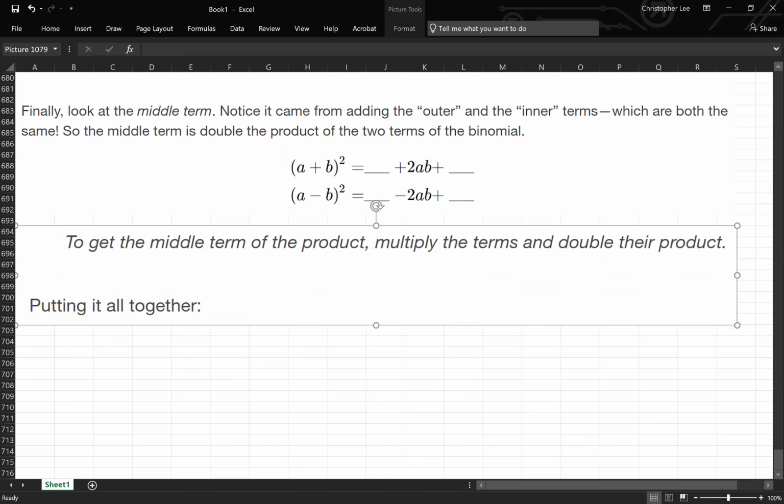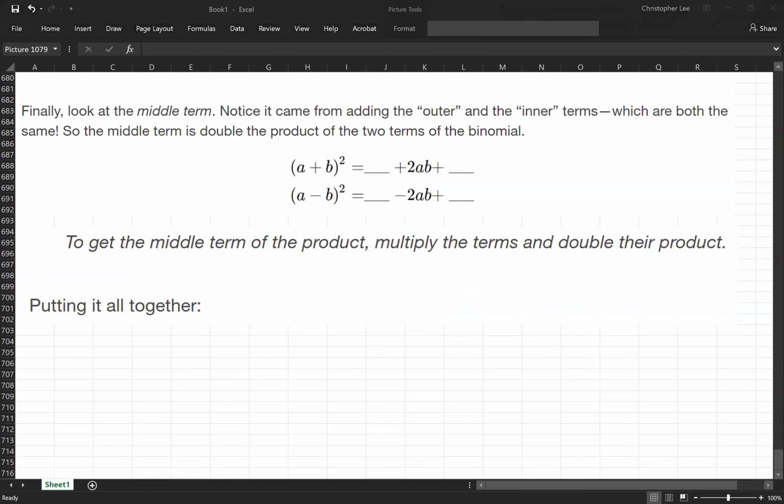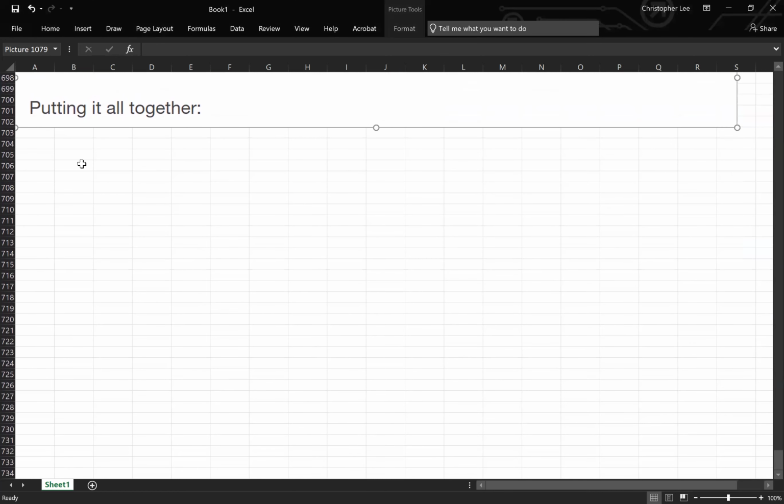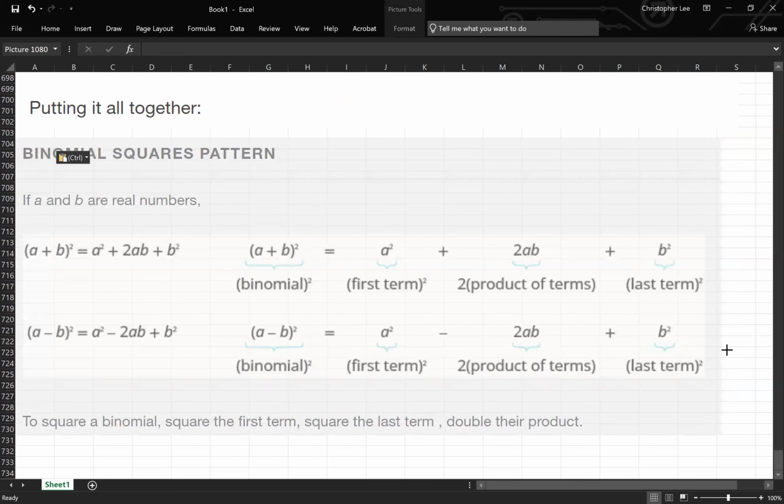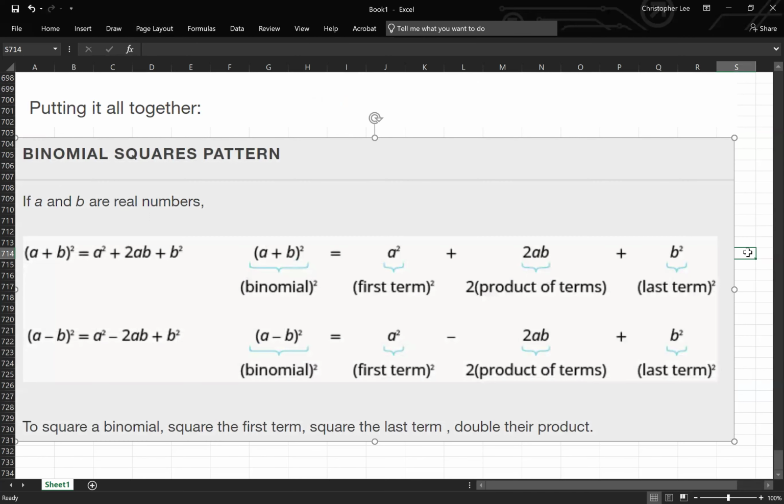Putting it all together, this is what we have. This is what's called the binomial squares pattern. Again, take it to heart if you want to. Don't take it to heart if you don't want to. The methods that we spoke about before work for every single thing. This is just a trick that I'm showing y'all.